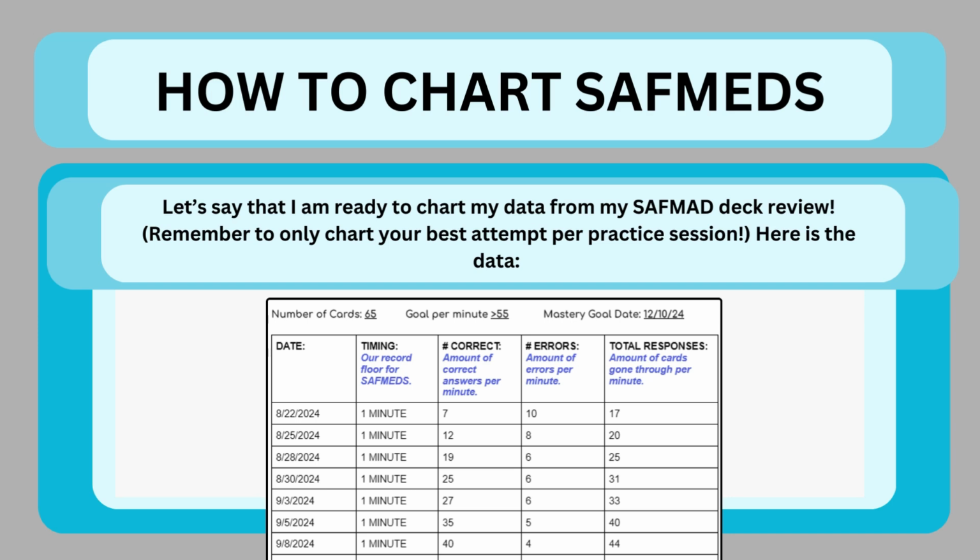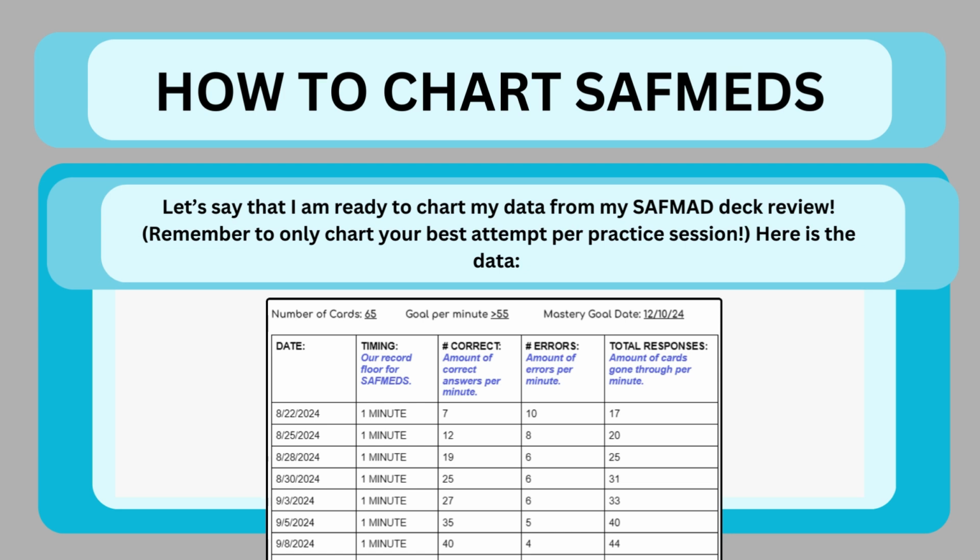Both of my classes were around 60 terms, and what they want us to do is practice almost every day, and basically chart how many we get wrong and right, and how many we get through per each attempt. So we have to chart the best attempt, obviously, but they want you to practice multiple times in one sitting. So you're trying to see how many cards you can get through in a minute.